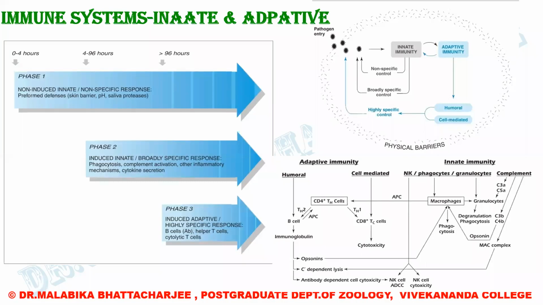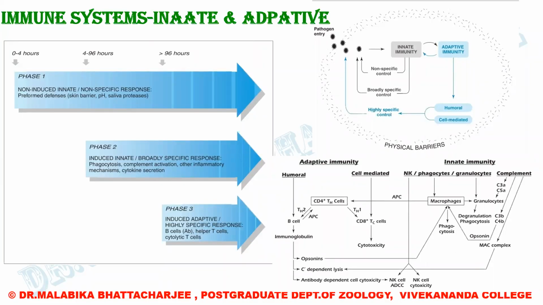After this point, it becomes a primary response because the host has not encountered this particular invader before. Effector T cells and specific antibodies are produced, and now the whole immune system aggressively works to eliminate the pathogen.